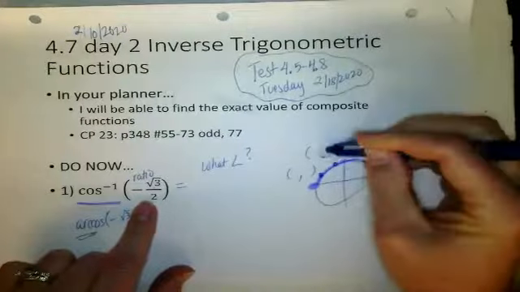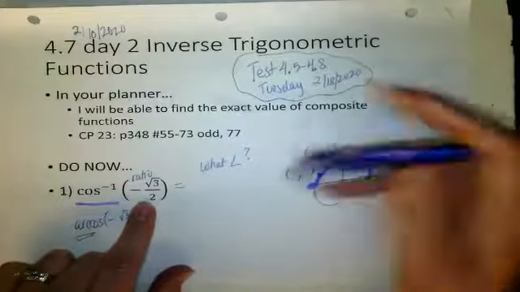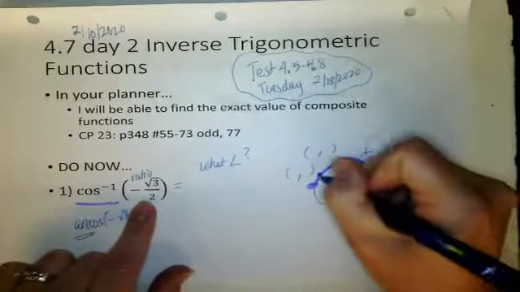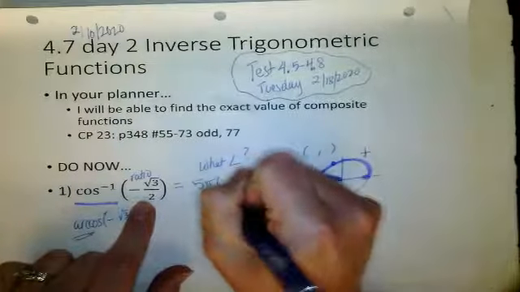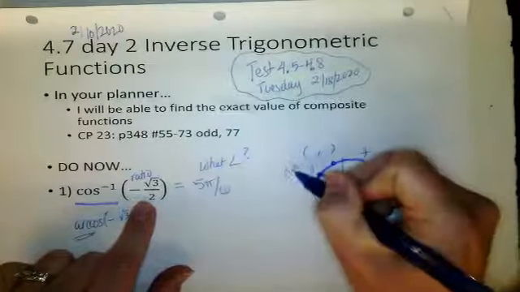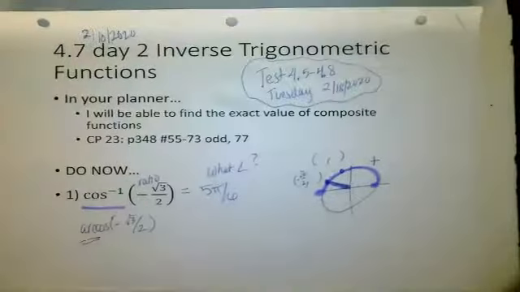Which angle has that cosine ratio? 5 pi over 6, right here. 5 pi over 6 has that negative radical 3 over 2 cosine value.